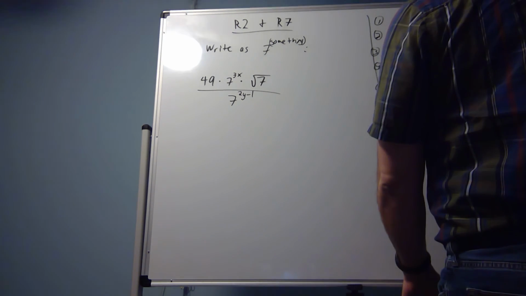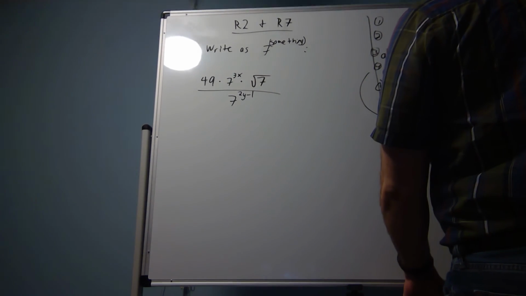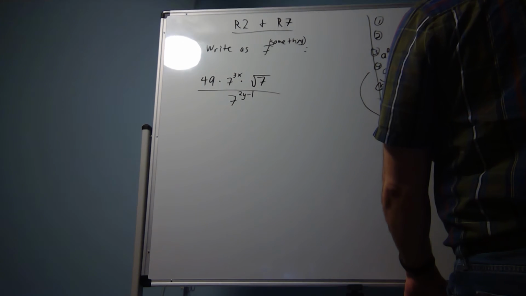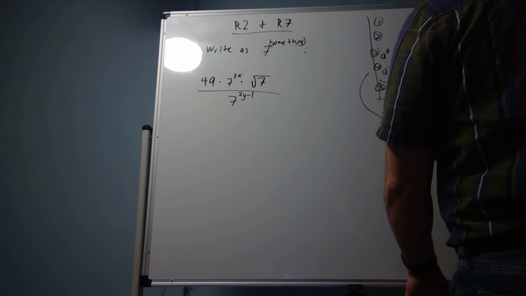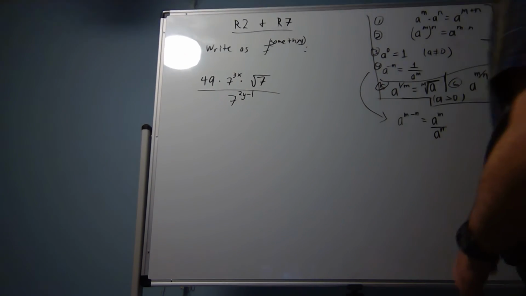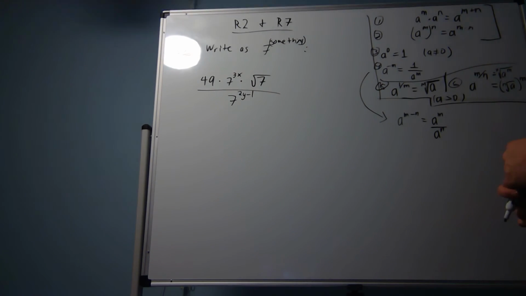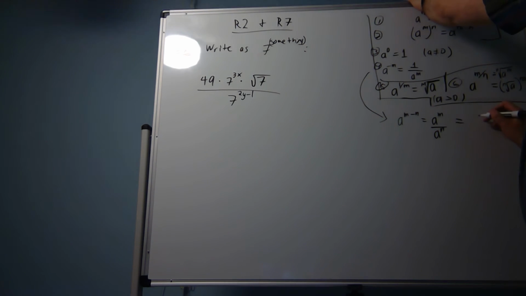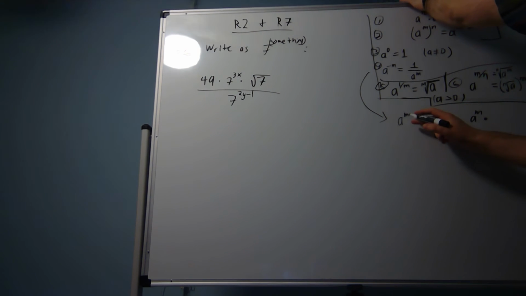Let me add one more identity to the list. It's very much related to this one here. But if I have a to the m minus n, then it's basically this because it's like a to the m plus negative n.